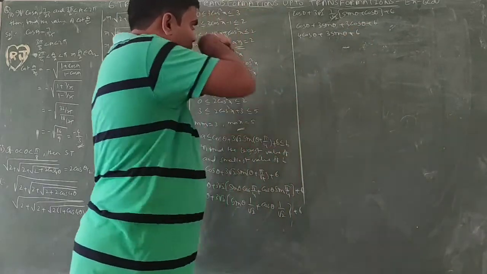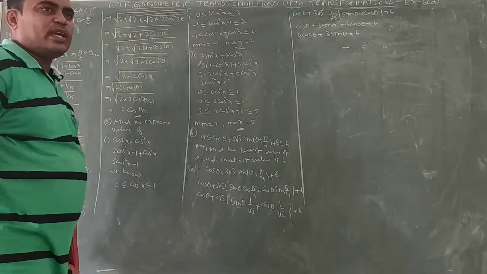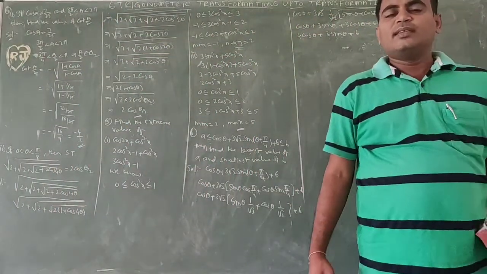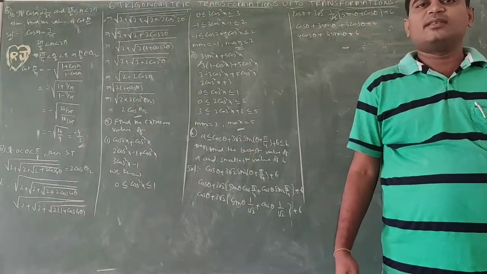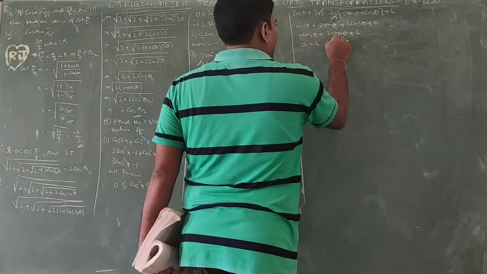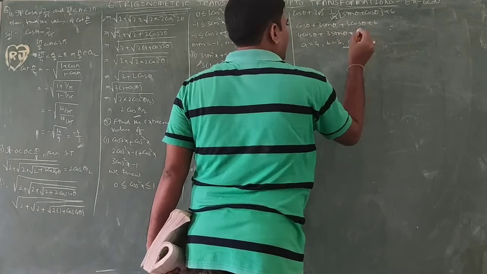So now we need to find out maximum and minimum. So for a cos theta plus b sin theta plus c, maximum and minimum values are c plus or minus under root a square plus b square. So here a equal to 4, b equal to 3, c equal to 6.